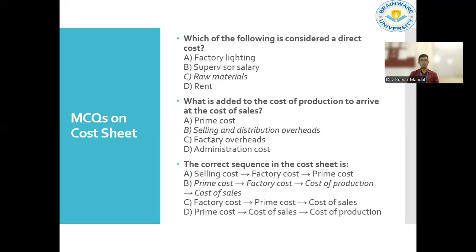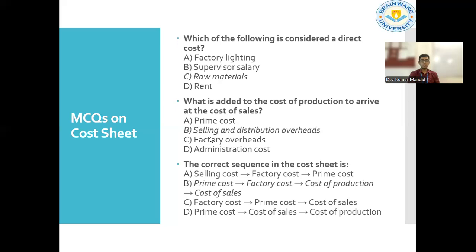As you can see, option number A, that is prime cost, it comes above the selling and distribution overhead or cost of sales. Similarly, factory cost also comes at the beginning part. So option number B is the correct one. Selling and distribution overhead is added to the cost of production to arrive at the cost of sales.